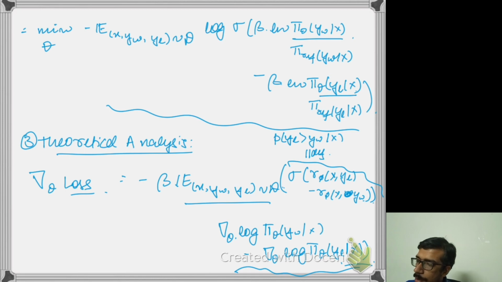So if I would have formulated the objective as something like maximizing the log likelihood of the ratio of pi theta y w given x over pi theta y lose given x, then I would have just gotten this particular term. But I'm also getting this extra term, which is the probability that the losing sequence is better than the winning sequence given x, and this additional term for each input x is what is trying to scale my objective function, and this is actually giving them an advantage as well, right?